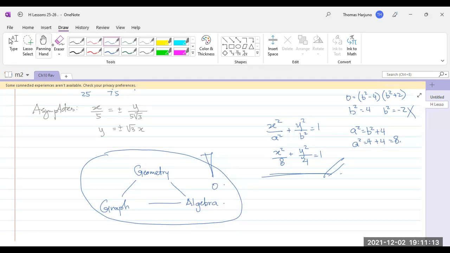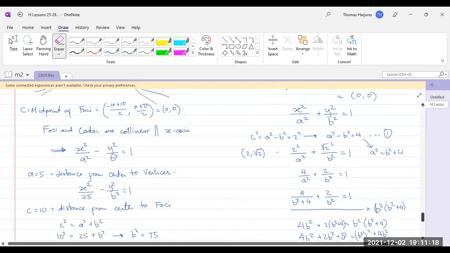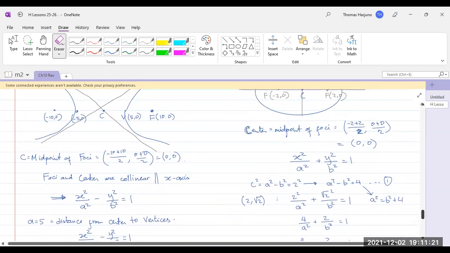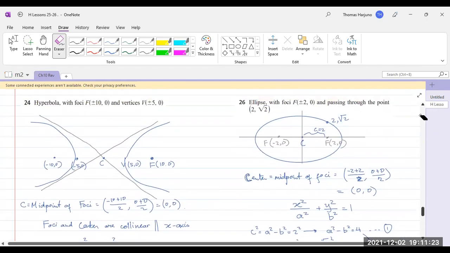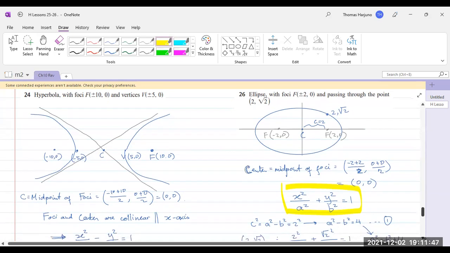So ask yourself in the last question, if you get stuck, where do you get stuck? Trust me, you usually get stuck because you cannot connect the dots. You know this information, you know another piece of information, you know it's an ellipse, you know the foci, you know it crosses the point, so what? You need to find the center first. Okay, Thomas, I can find the center. So what? What do you know if you have the center? It means you can already write this, right? If you know the center and that it is an ellipse.